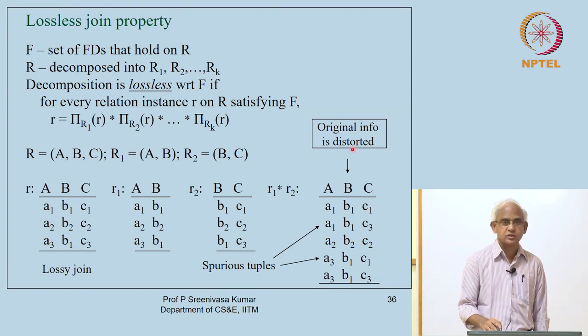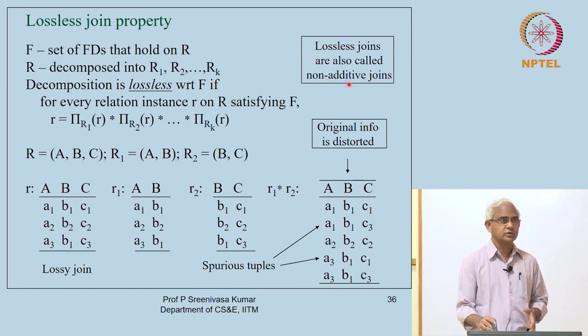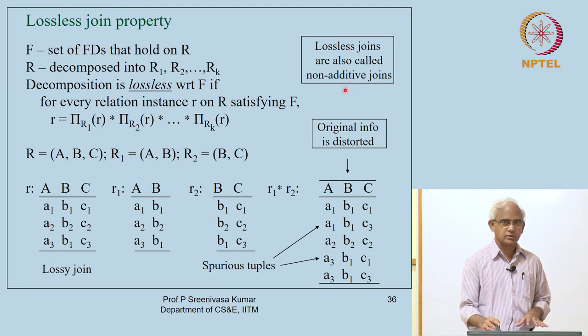The original information is distorted and so we call it a lossy decomposition, even though we actually have additional tuples. Those decompositions that do not have any spurious tuples are what are called lossless joins, lossless decomposition. An easier nomenclature could be non-additive decomposition. They do not add spurious tuples, so they are called non-additive decomposition.